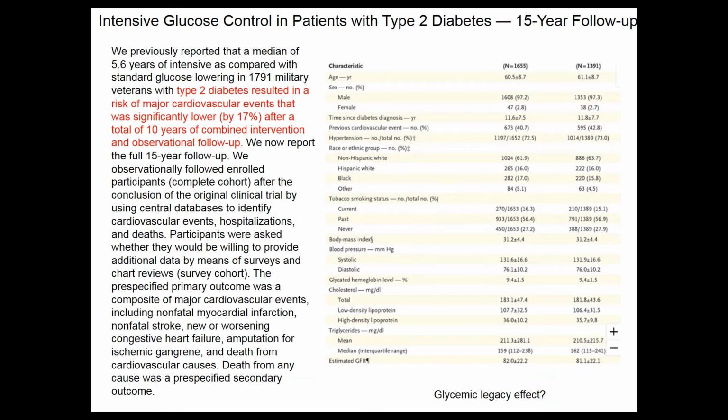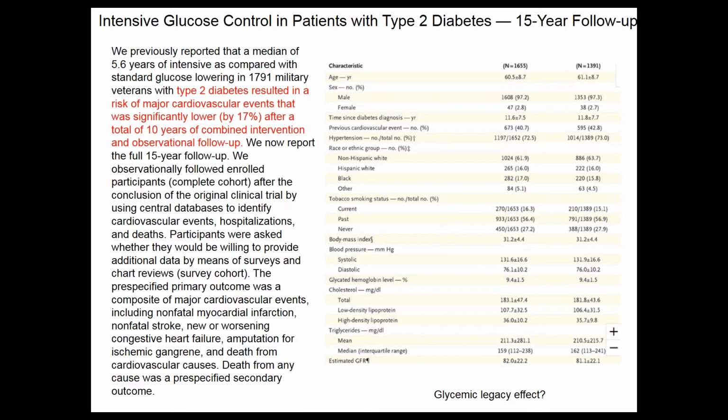Now, the next paper in the New England Journal involves a diabetes study that was started over 17 years ago. And this was a study in type 2 diabetic patients, a VA-based study, where the patients were randomized to intensive glucose-lowering therapy compared to what we call usual care or casual glucose-lowering therapy.